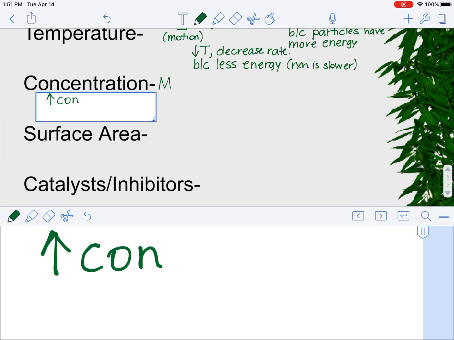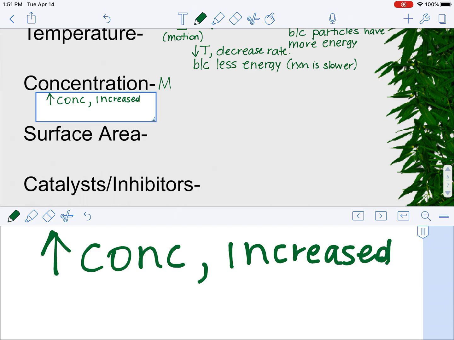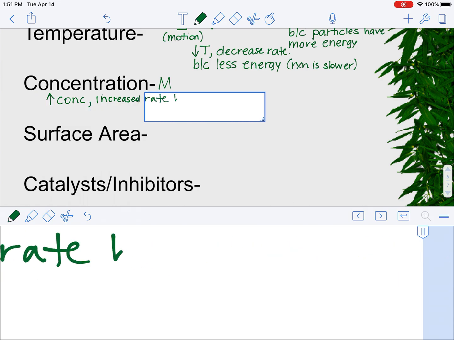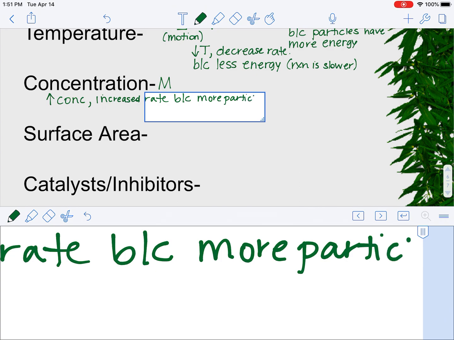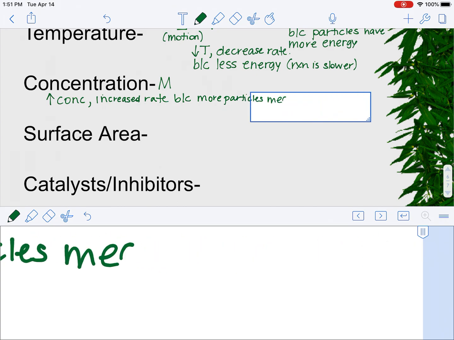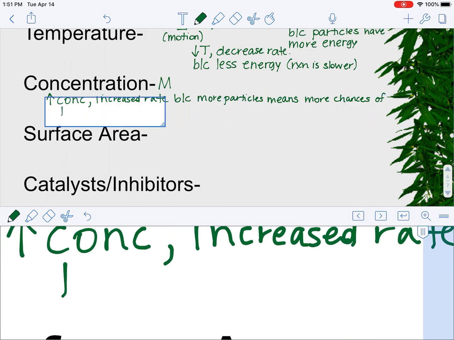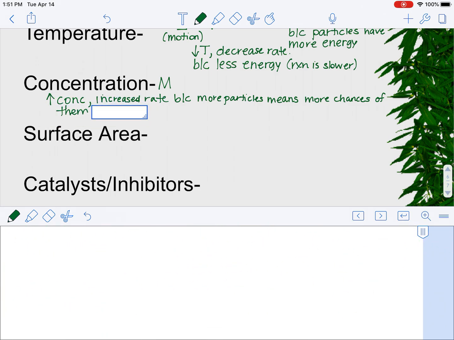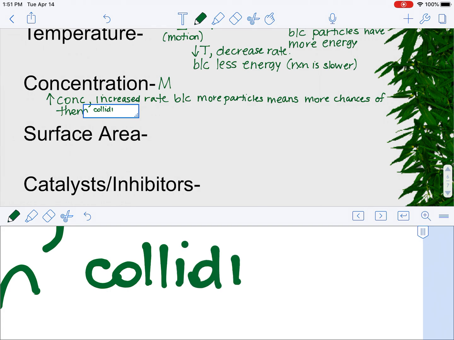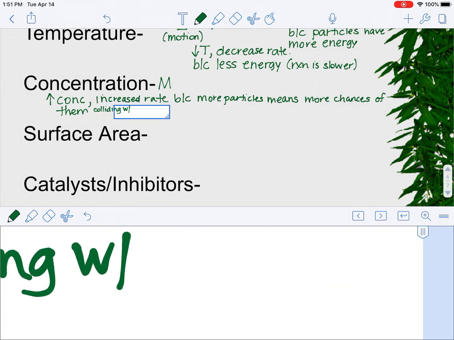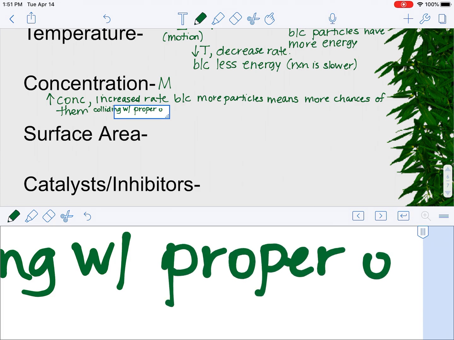An increase in concentration results in an increased rate because more particles means more chances of them colliding properly. And that means colliding with the proper orientation.